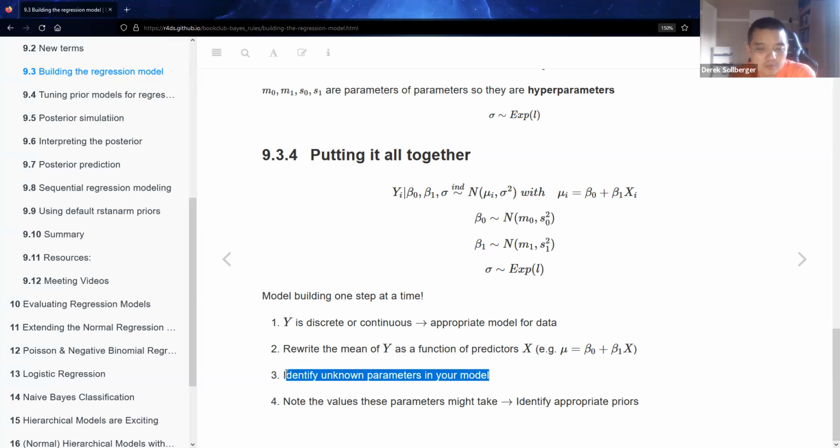We're going to be careful about identifying the unknown parameters. And as we see at the top of the screen, since we carefully considered the parameters, we've got to now identify the appropriate priors for these hyperparameters.